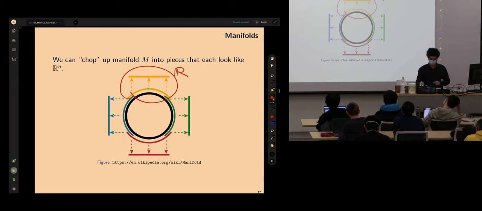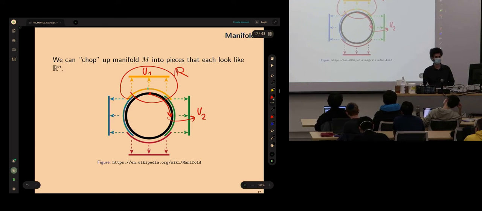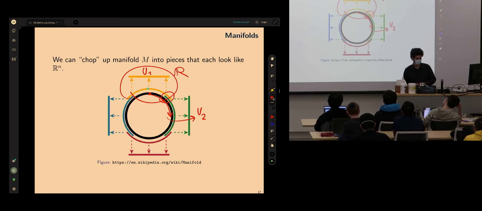And then maybe we move from here to this area, and then you switch to maybe a different neighborhood. So you might need to talk about different coordinates for each region. It might not be the same, but they must agree on the overlapping part and vary smoothly, right? So these are called coordinate charts.